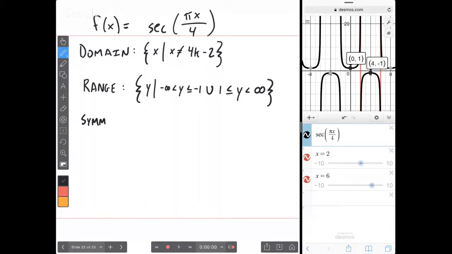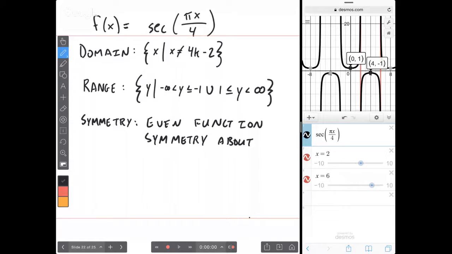Symmetry, it's an even function. Symmetry about the y-axis. Domain, range, symmetry, periodicity.